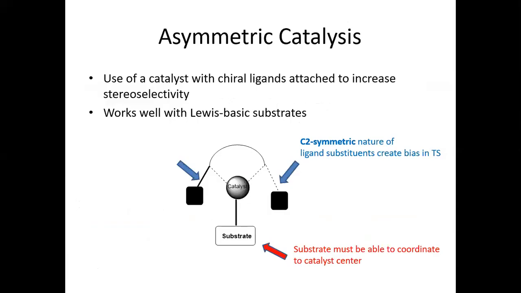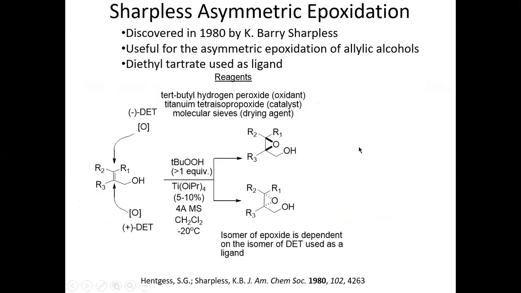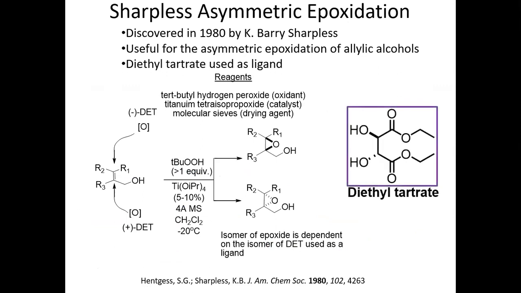So again, the goal is to create bias in the transition state. Let's look at probably one of the most famous asymmetric catalysis reactions in the history of organic chemistry, and this was Sharpless asymmetric epoxidation.